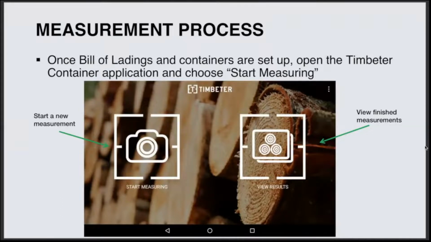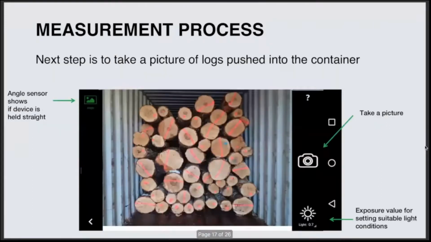So then in the beginning, choose to start new measurement, and then you will be directed to picture taking screen. The important thing is to keep an eye on the angle sensor, stay as parallel to the pack as possible.